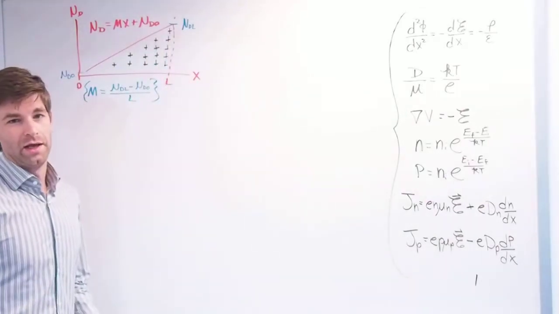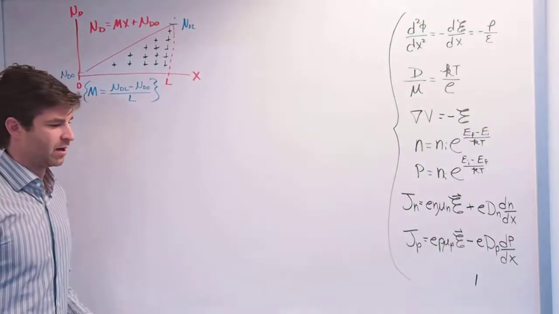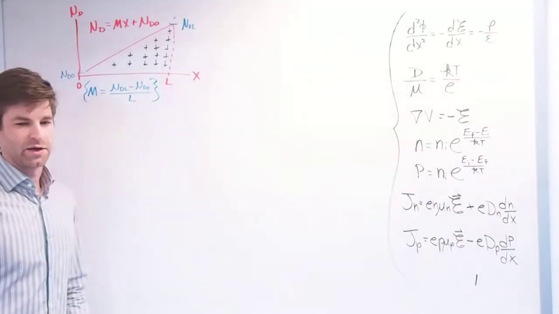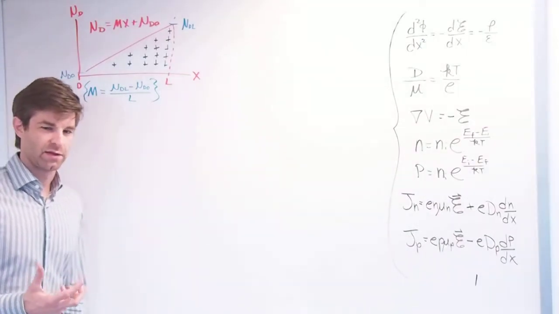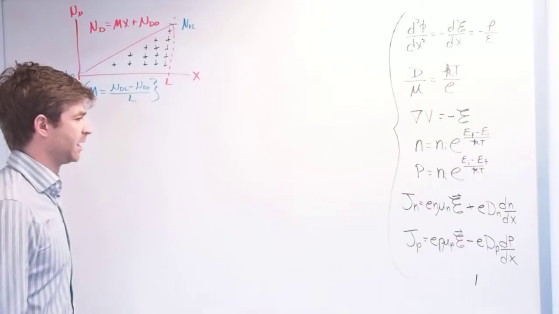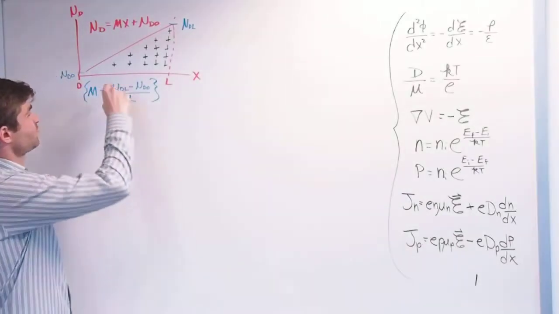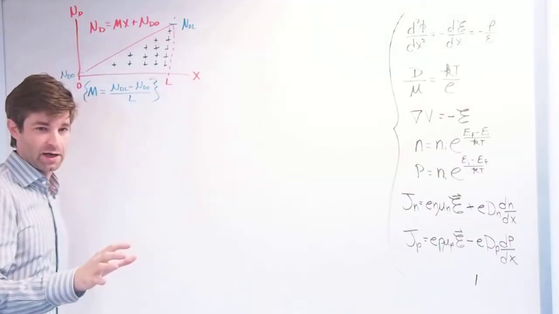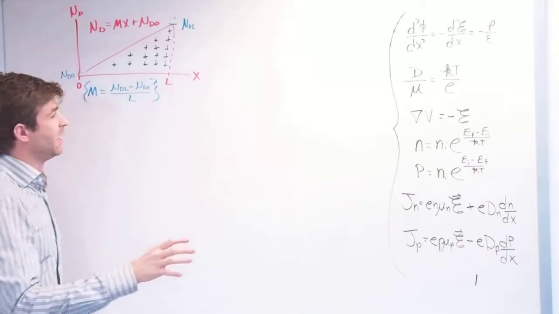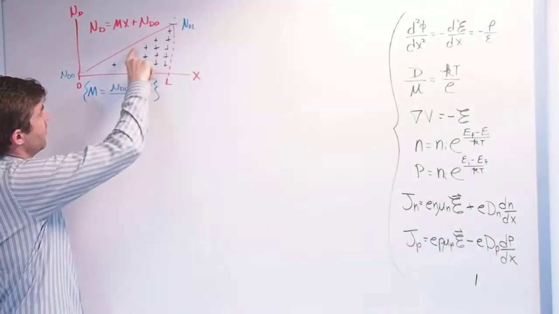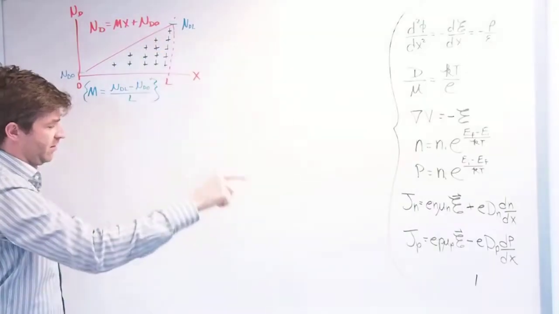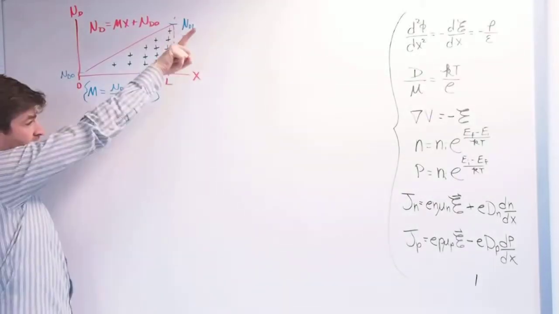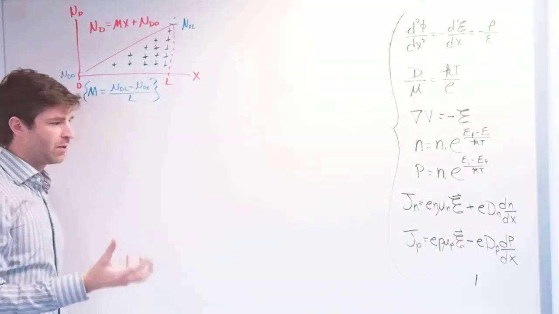And we'll find we can derive the same things. Before we start calculating, I want us to understand something conceptually: we're assuming 100% ionization in this case, and our doping is increasing linearly, so that means our electron density n is increasing linearly.